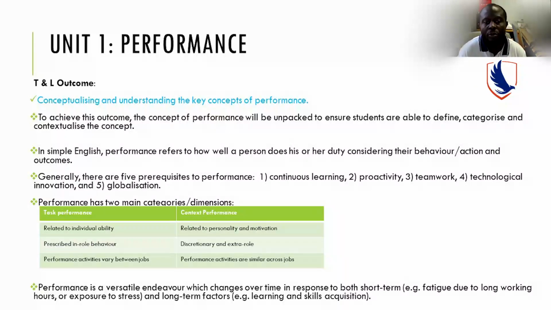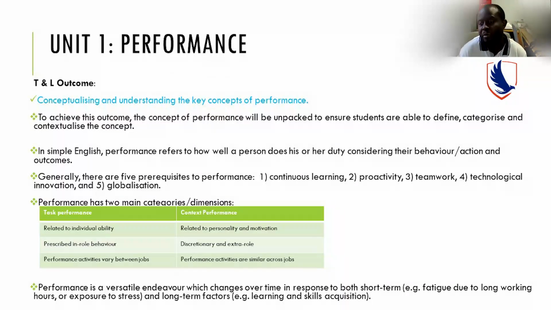Performance has 2 main categories or dimensions. The first one being task performance and the second one being context performance. I won't be giving details because, again, all the details are in the module or the standard unit material itself. What students will note about the concept of performance is that it is a versatile endeavor which changes over time in response to both short-term and long-term factors.